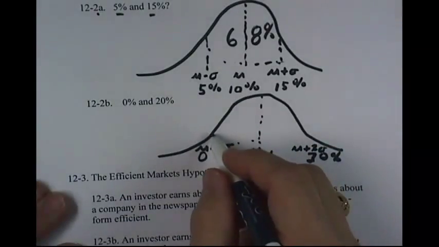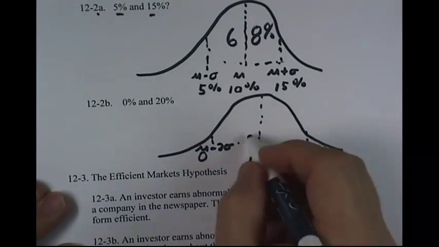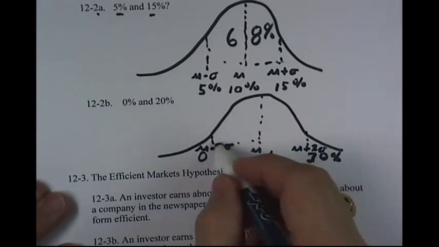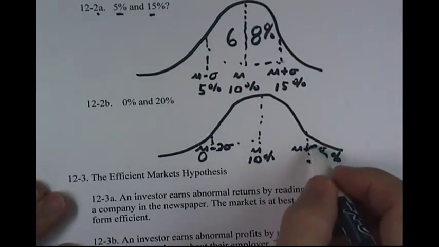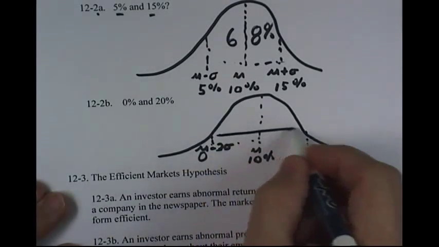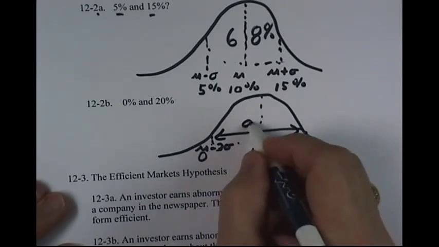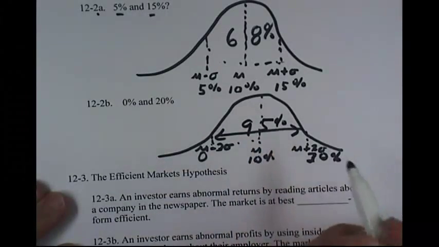And for a normal distribution, the probability falling between the mean minus 2 standard deviations and the mean plus 2 standard deviations is 95% for any normal distribution.